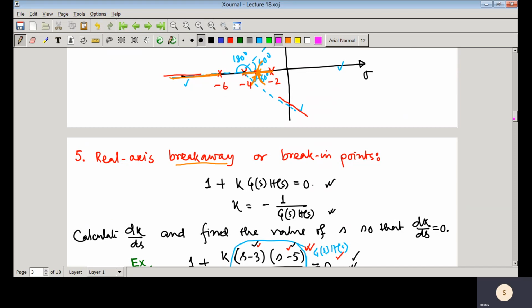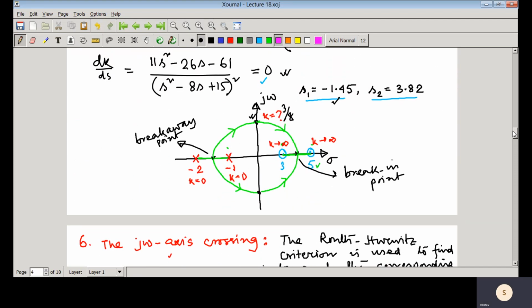That means the roots would be complex conjugate, and then if we keep increasing the value of k, at a particular value of k they come back to the real axis. That means again two roots would be real, so that is called the break in point, and this is called the breakaway point, and we can find it by taking the derivative of k with respect to s and equating it to 0.